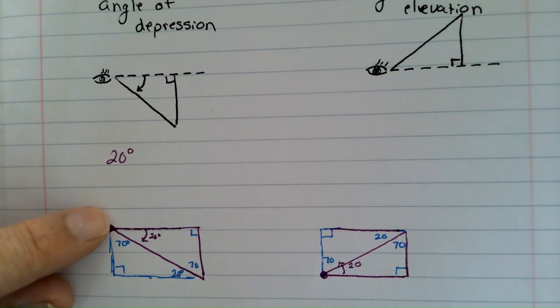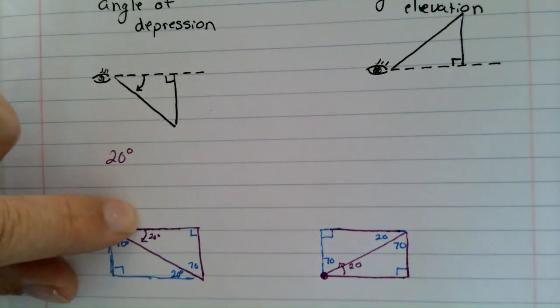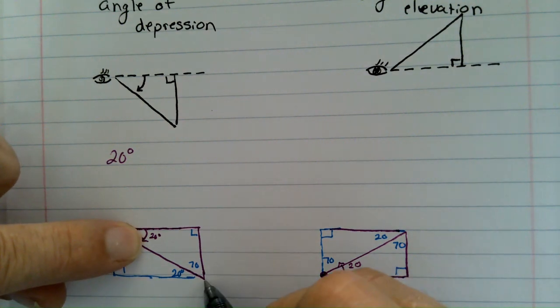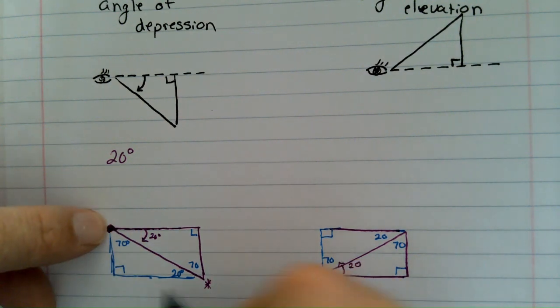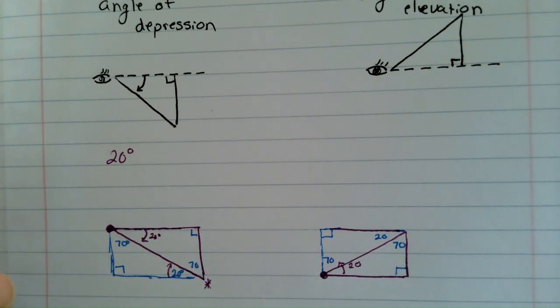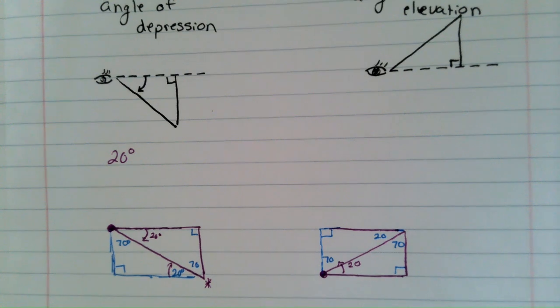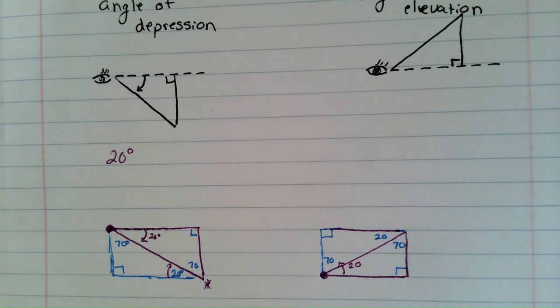So if I'm over here looking down 20 degrees, it's the same as if I'm on the ground looking back up at you 20 degrees. So it's really important that no matter what, you're standing at the 20-degree angle. Even if you mess up the triangle, whatever angle they give you, that's the angle you're standing at. So be careful with that. Keep that in mind. You have to stand at the 20-degree angle.